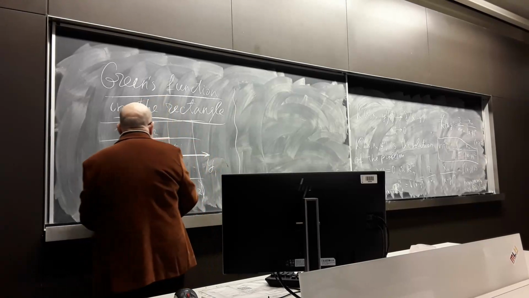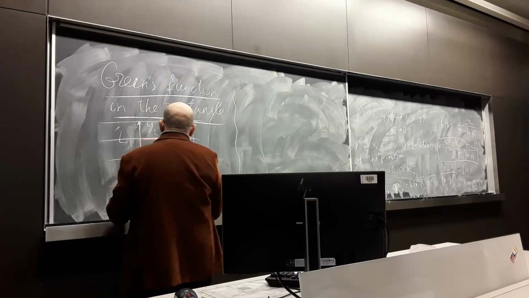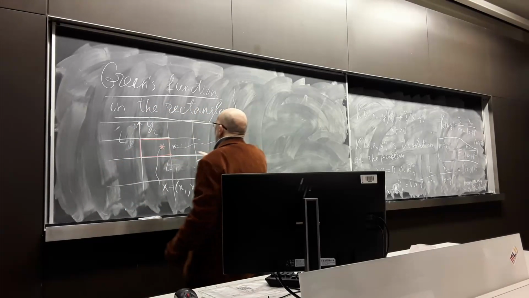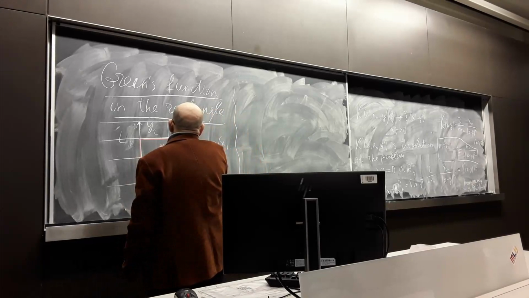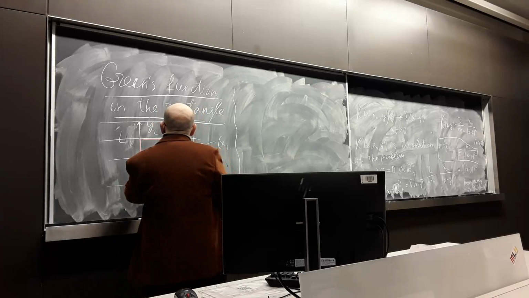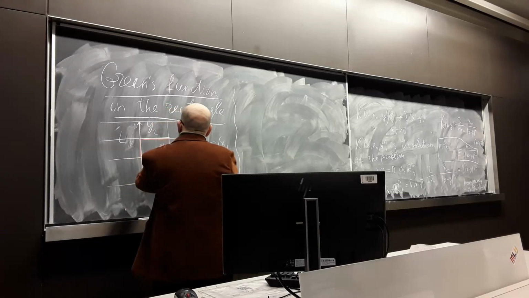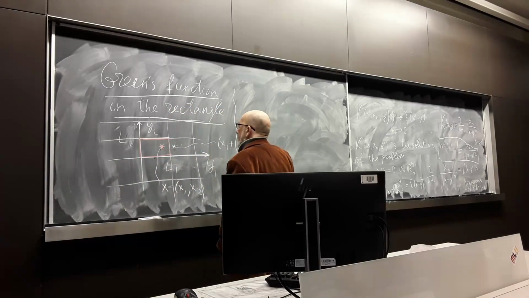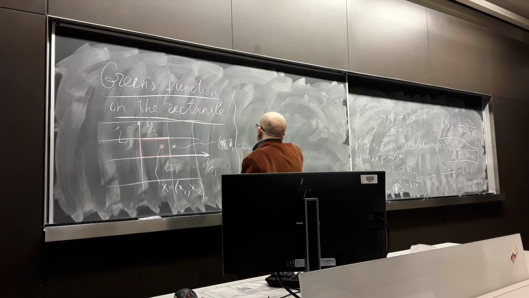Let us take the second point at x1, x2. We reflect it to get 2L1 minus x1, x2.